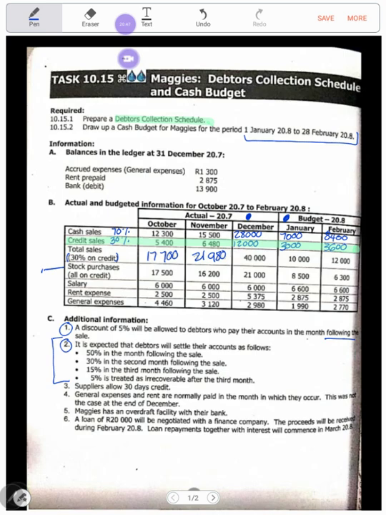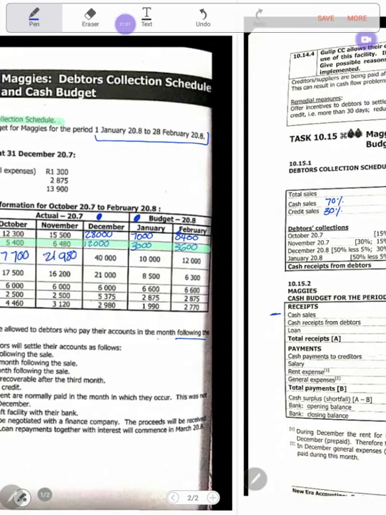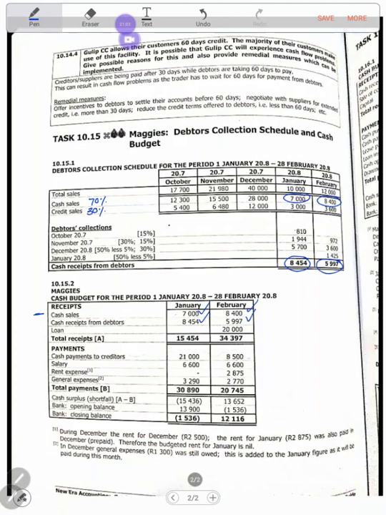So remember, we have now asked the bank for a 20,000 Rand loan. They told us that this loan will be paid out in February, and it's obviously going to be paid out into our bank account. So we are expecting an income from our bank. All right. And as you can see, here's loan, and there's the 20,000 Rand that will be deposited into our bank account from the financial institution in February.